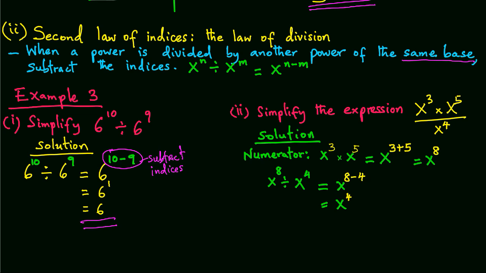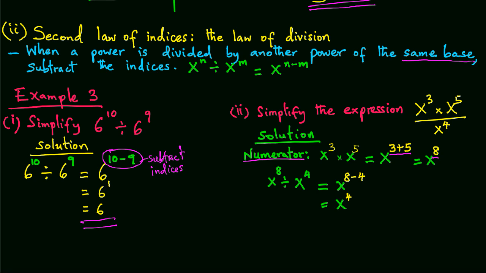We can also have a second example where we want to simplify the expression x power 3 times x power 5 over x power 4. We first of all deal with our numerator, where x power 3 times x power 5, we use the first law and add the indices. So that would be x power 3 plus 5. That would give us x power 8.